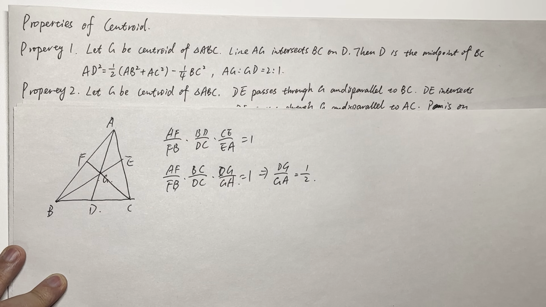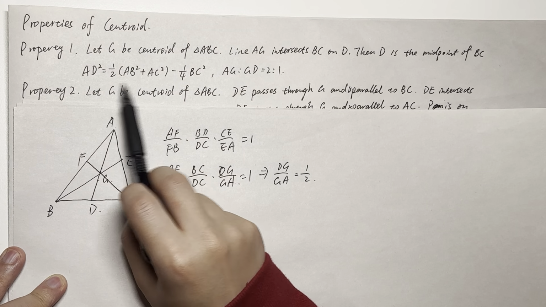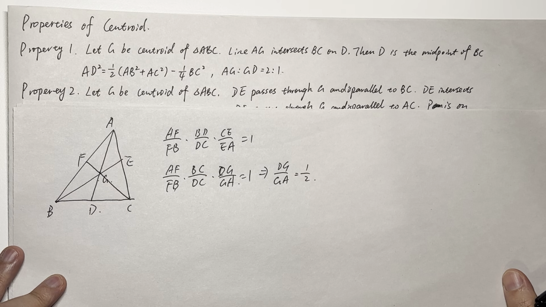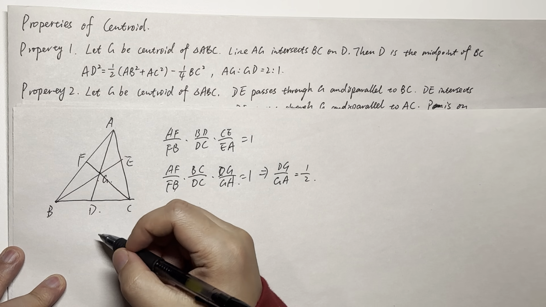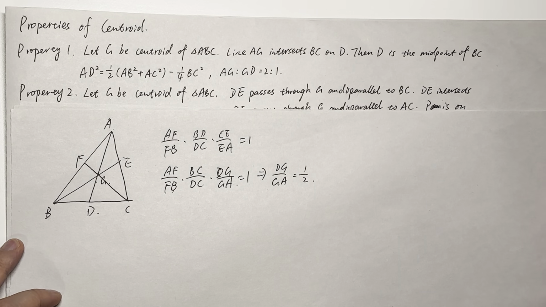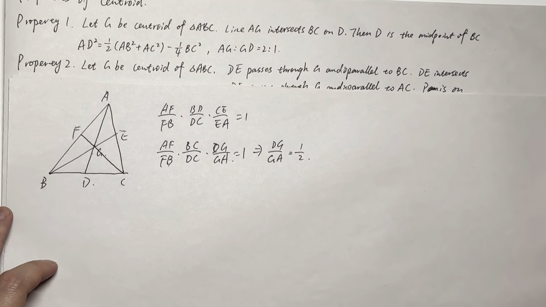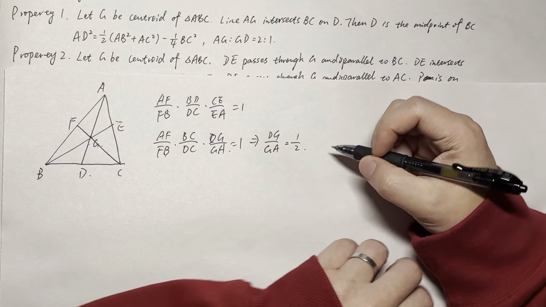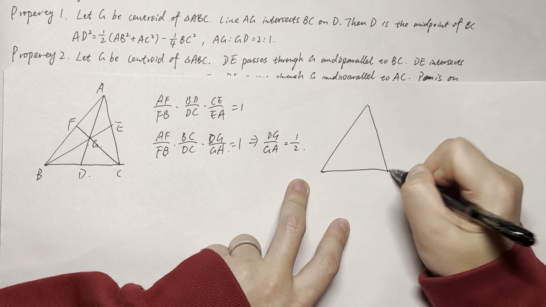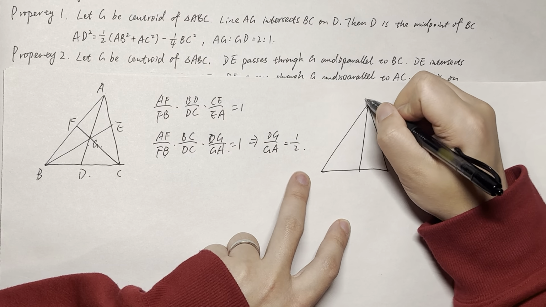That's the same. And for AD squared equals 2 times this one, we actually proved it before with Stewart's theorem, right? Now let's just prove it again here. We can just write down Stewart's theorem.